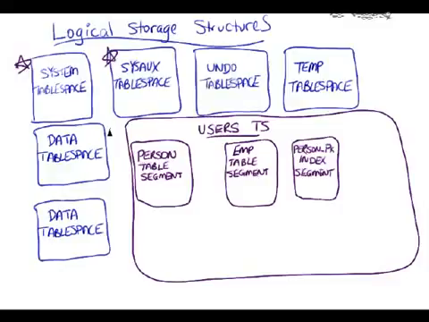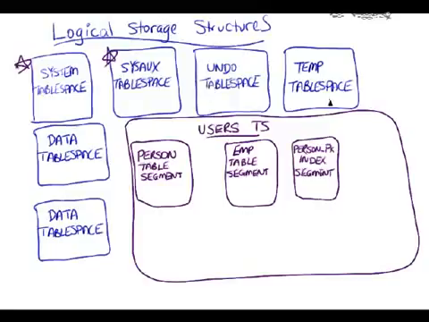You can have hundreds of tablespaces. Just try to organize your data into logical units, into logical tablespaces. You're also going to have an undo tablespace. That's going to be used for storing the before image information about your data, so in case you need to perform a rollback, it's there.